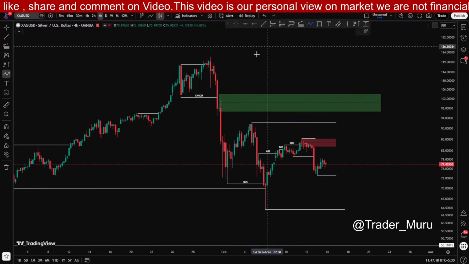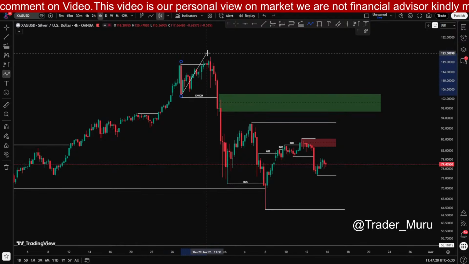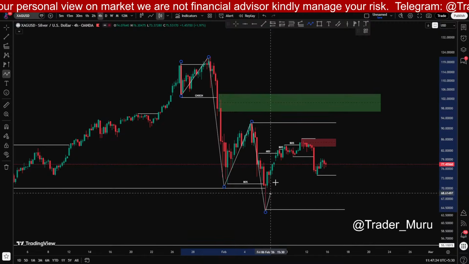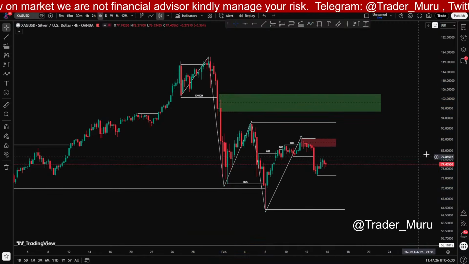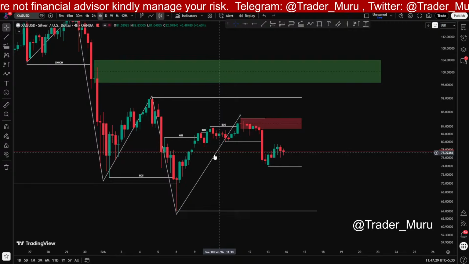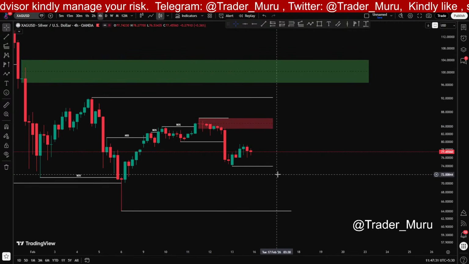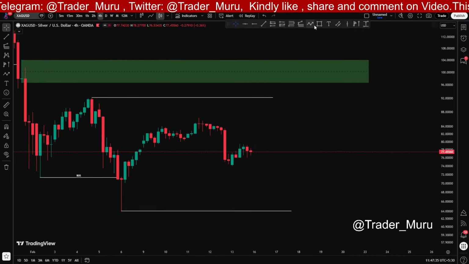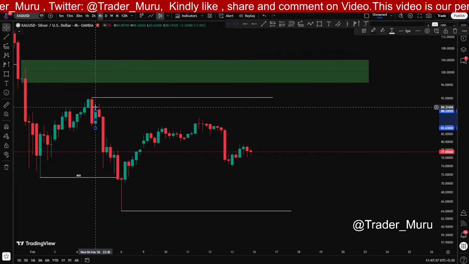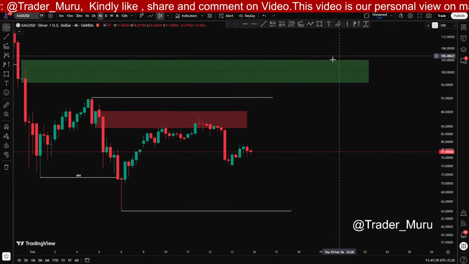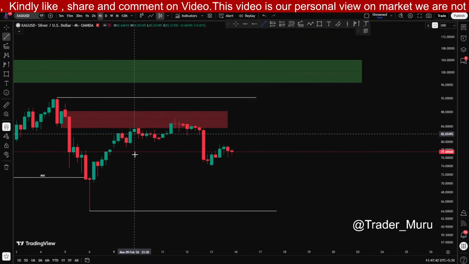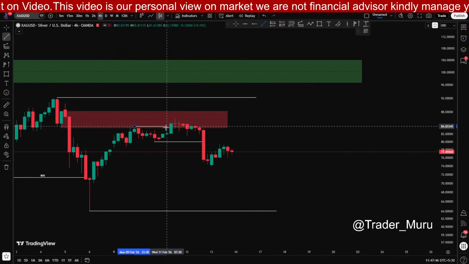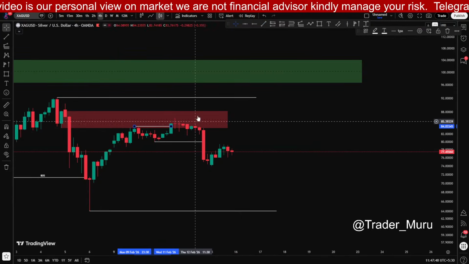4-hour structure. In 4-hour we have low formation, higher high, then lower low, lower high, lower low. Again this can be a possible lower high. Why? Because price has tested the supply area here and changed character. This was the breakout structure, and this is our change of character.